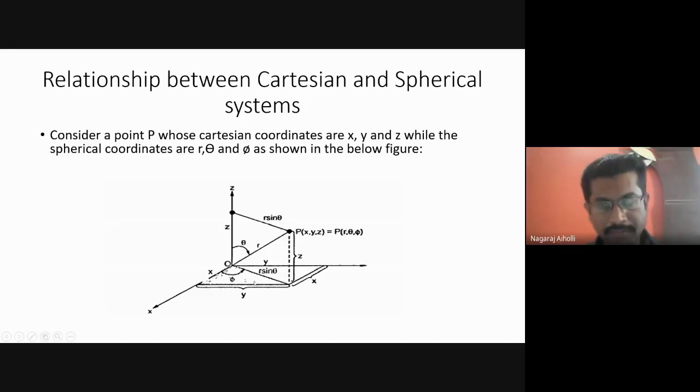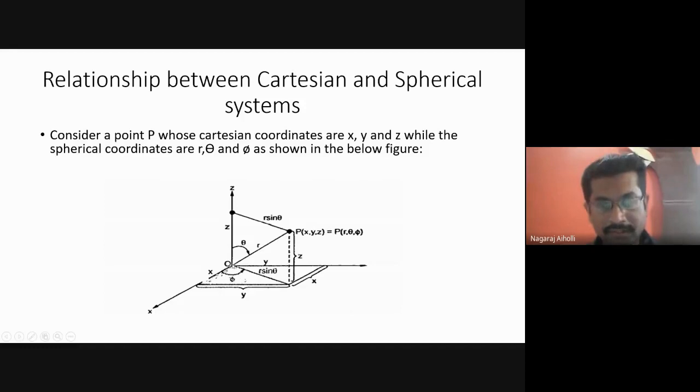Now the angle, cos phi. Cos phi will be how much? It is the adjacent side, that is x, divided by the hypotenuse. The hypotenuse is this one. Note that it is not r. It is r sine theta, because this and this are parallel and equal.